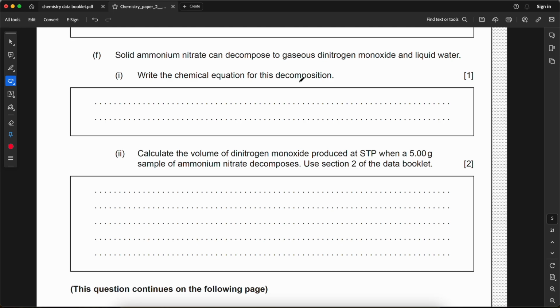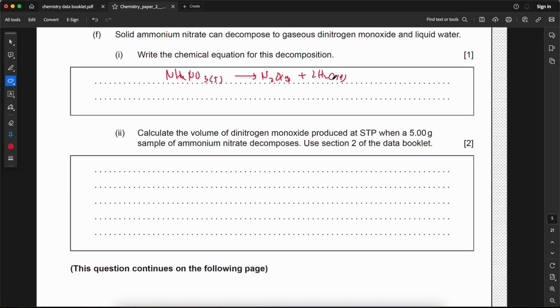Solid ammonium nitrate can decompose to gases, dinitrogen monoxide, and liquid water. Write the chemical equation for this decomposition. Solid will produce N2O, gas, and 2H2O, liquid. Calculate the volume of the dinitrogen monoxide produced at STP when a 5 gram sample of ammonium nitrate decomposes. So we've got the mass of ammonium nitrate, which is 5.